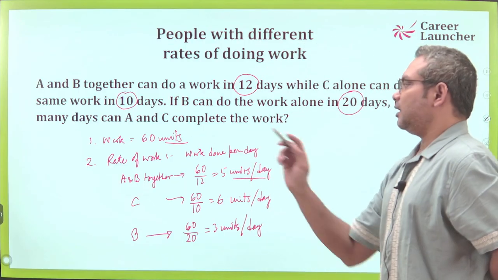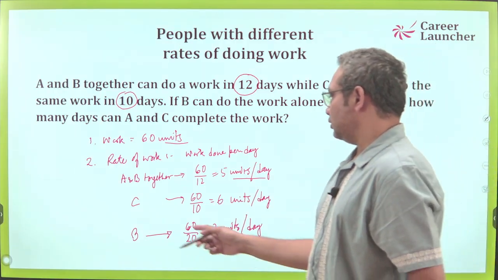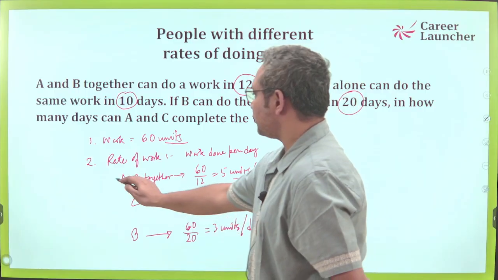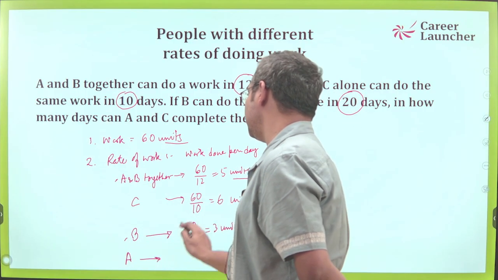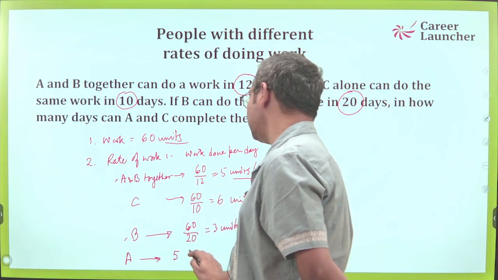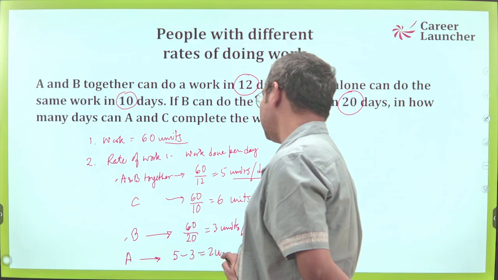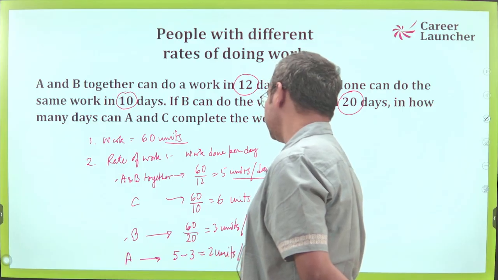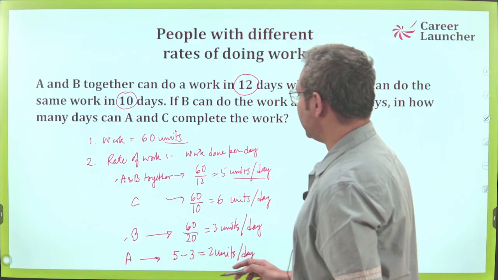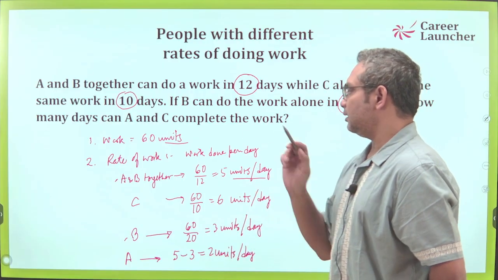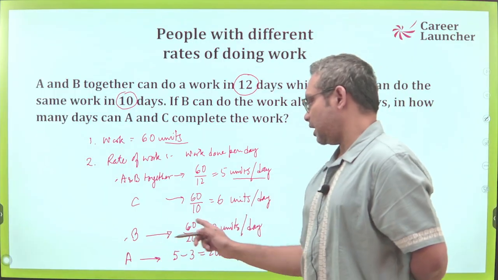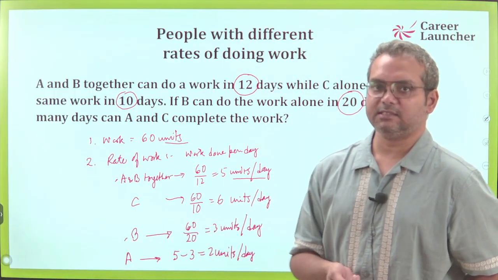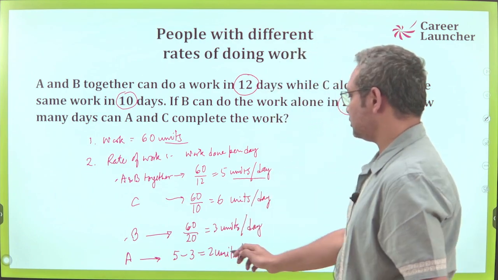They are asking for A and C. We know C, so we need to know A. From here, if I remove B's rate, A's rate would be 5 minus 3. Think of it like this: A and B can type 5 pages in one day, out of which B has typed 3 pages, so definitely A has typed the remaining 2.